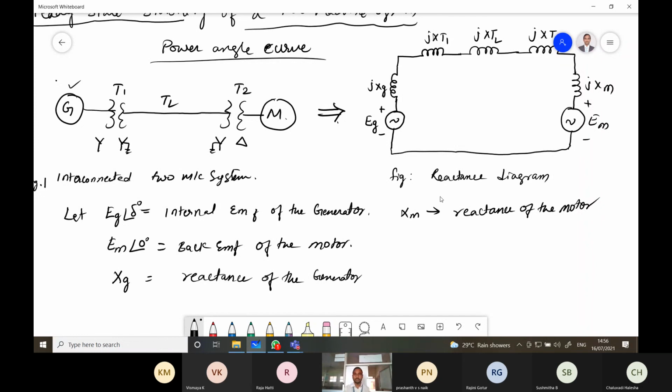And what are XT1 and XT2? XT1 and XT2 are the reactances of transformers 1 and 2, and XTL is the reactance of the transmission line.